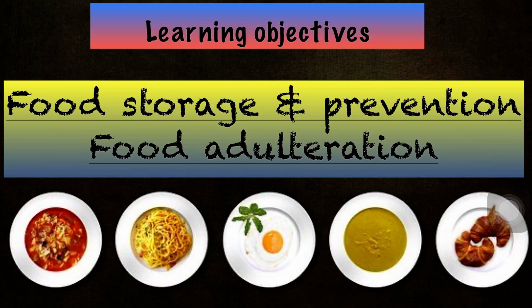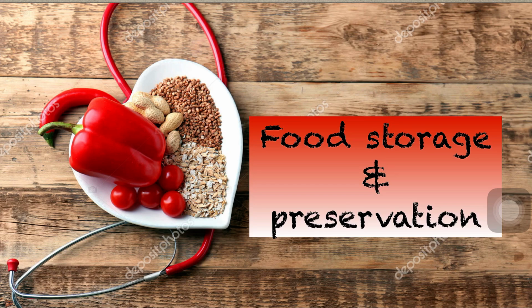Let us have a look at the learning objectives of this module. In this module, you are going to learn about food storage and preservation and food adulteration. Students, let us begin with the topic food storage and preservation.